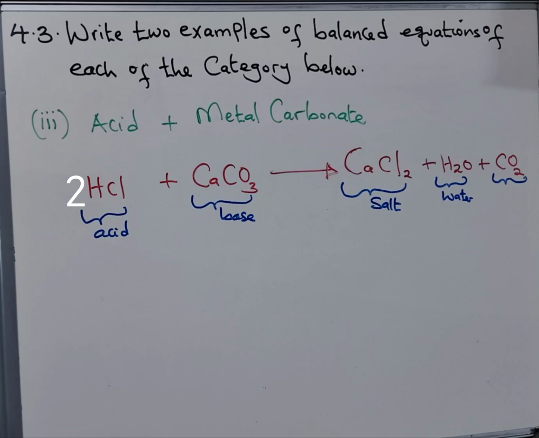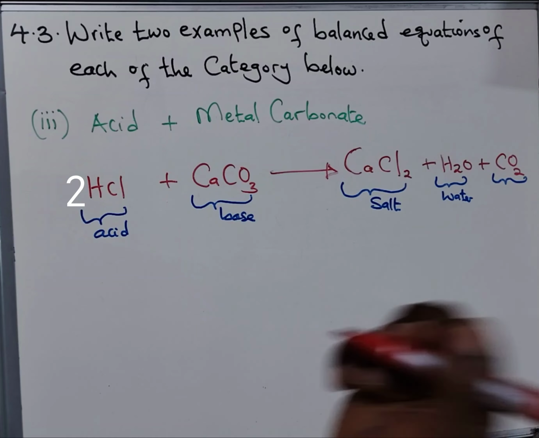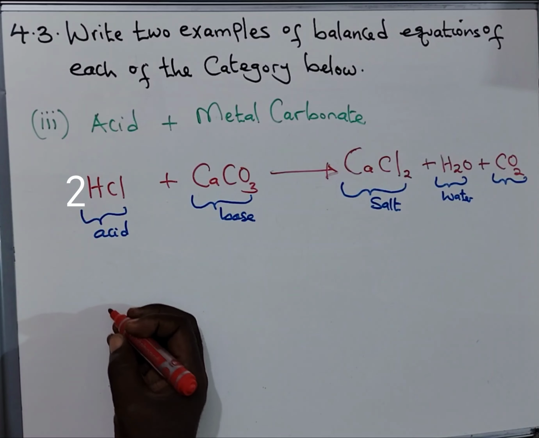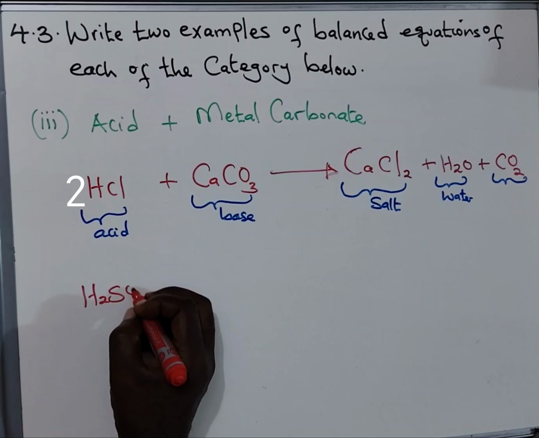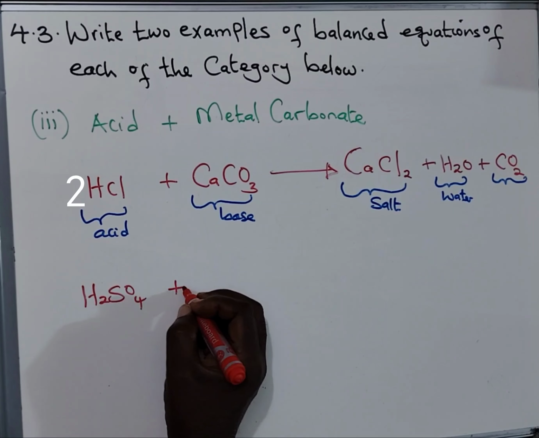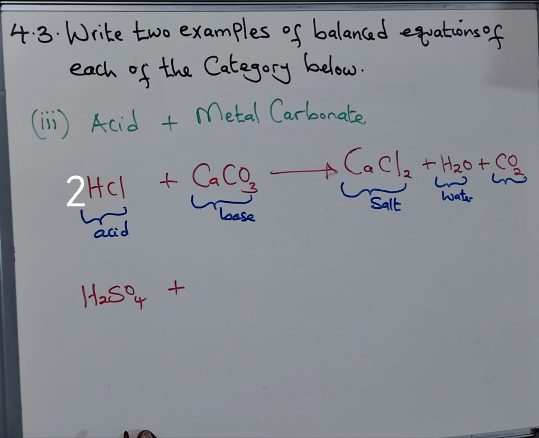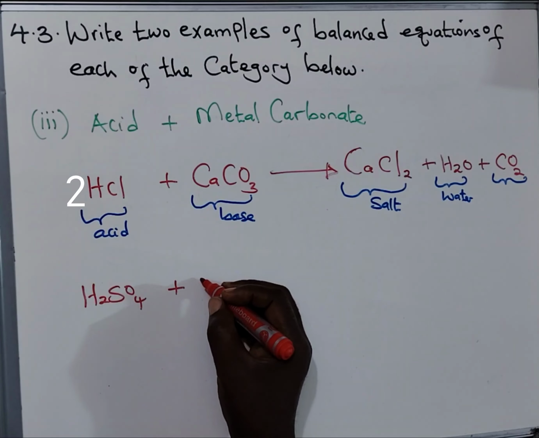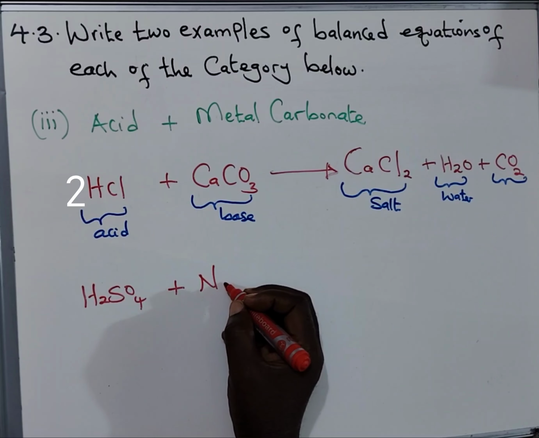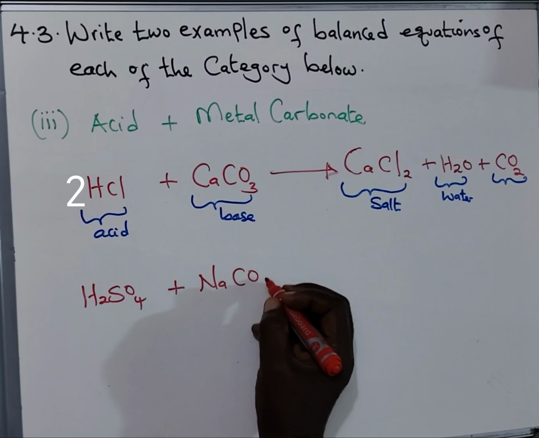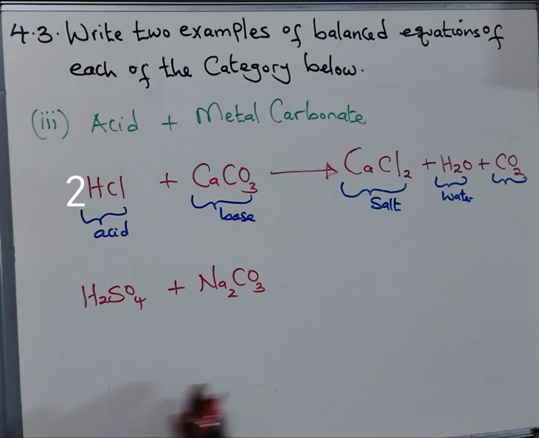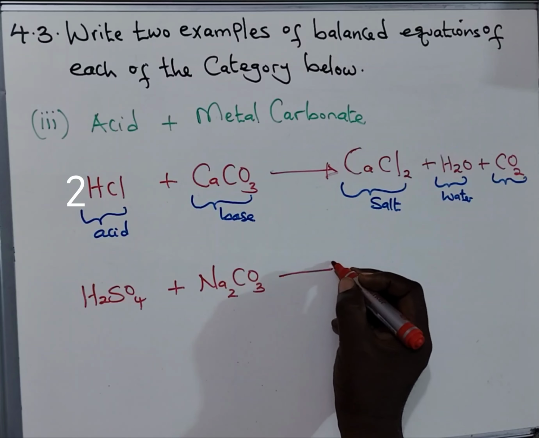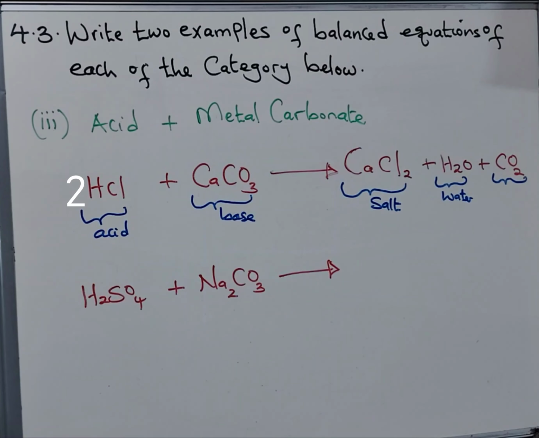We can say, let us use the acid. Let us use sulfuric acid once again. Okay. And let us say the sodium carbonate. You have to know that I'm all about putting across the concept.